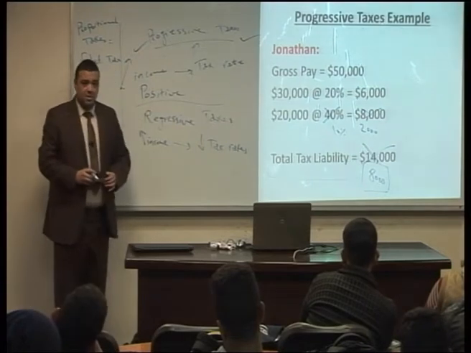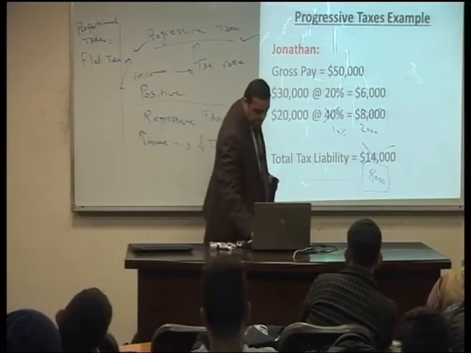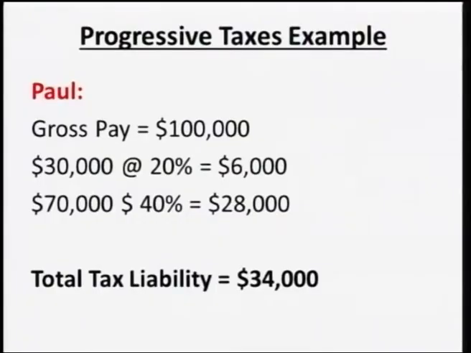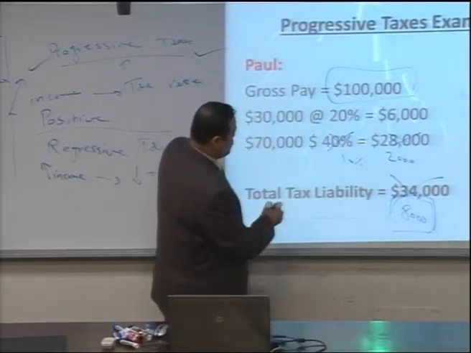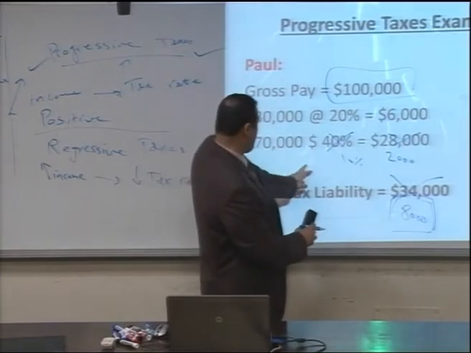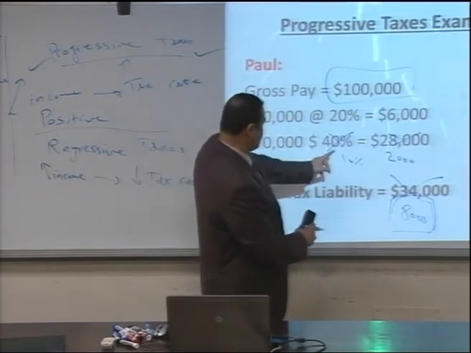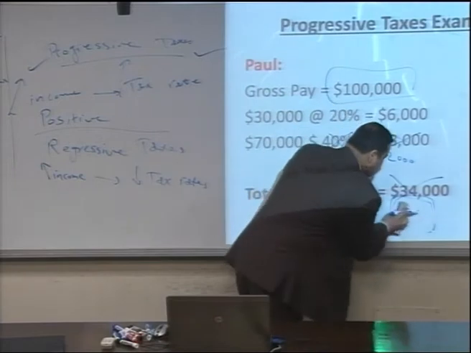What do you see? Let's compare the results here. Paul's income is twice as much as Jonathan's. How much does he pay? 13,000. Yes.